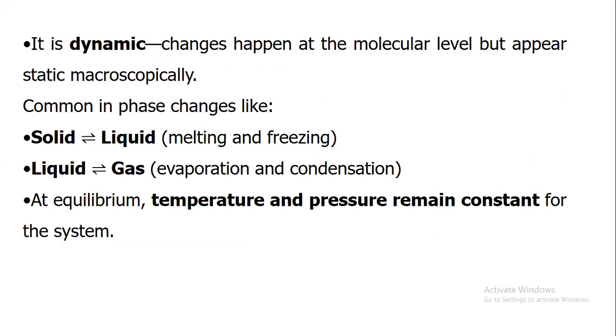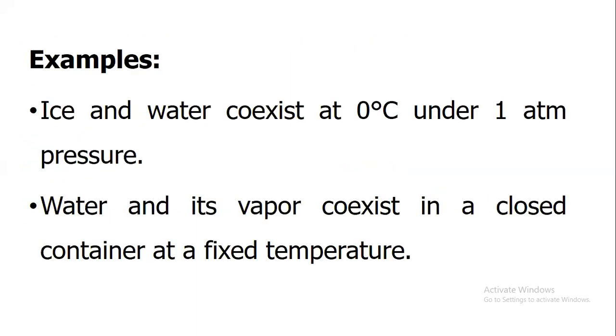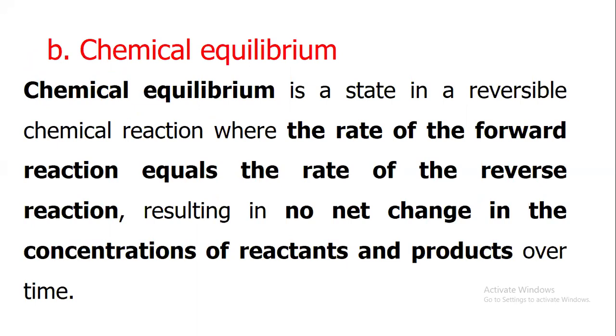It is common in phase changes like solid and liquid, melting and freezing of ice, and liquid and gas, evaporation and condensation of water. The equilibrium temperature and pressure remain constant for the system. For example, ice and water coexist at 0 degrees Celsius under 1 atmosphere pressure. Water and its vapor coexist in a closed container at a fixed temperature.